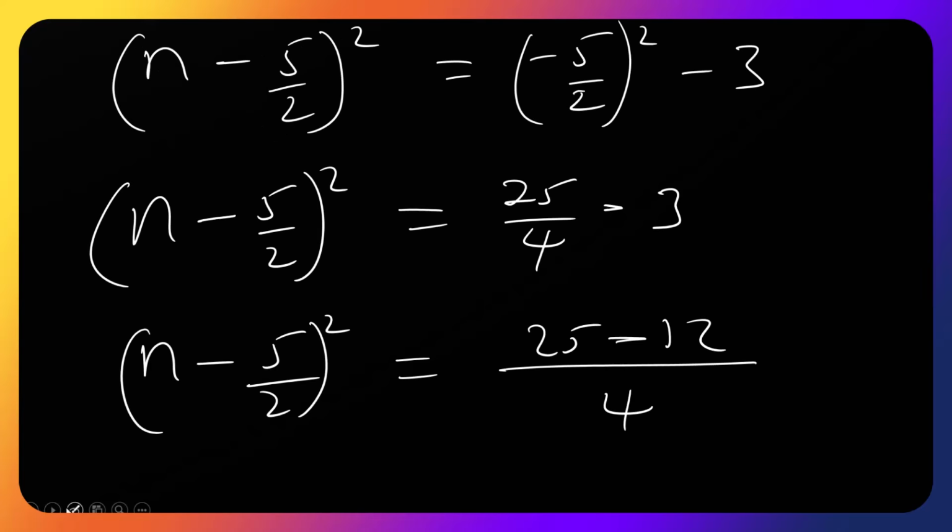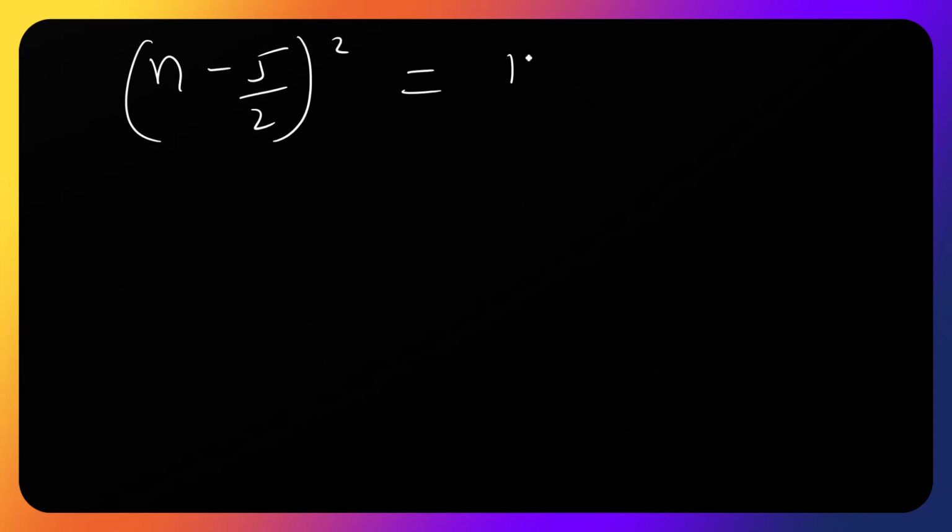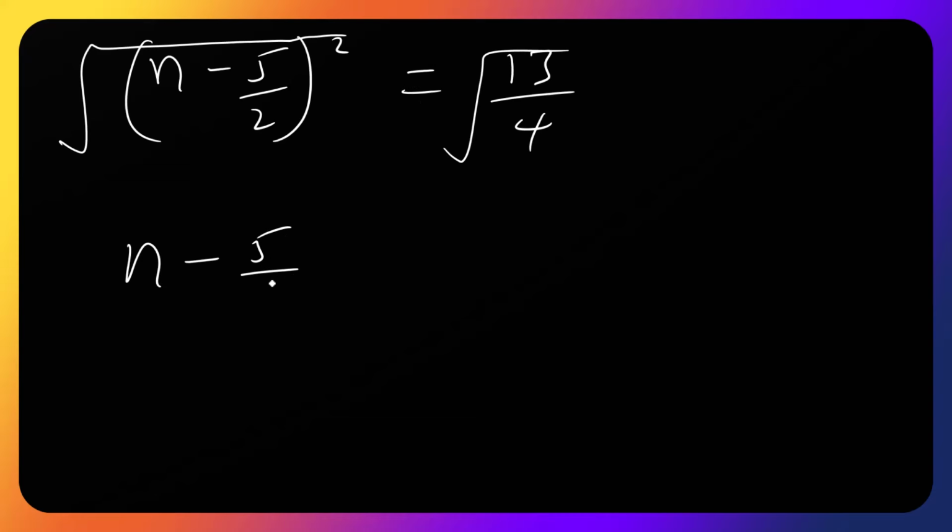So n minus 5 on 2 all squared equals 13 on 4. So we can go ahead and take the square root on both sides. So we have n minus 5 on 2 equals plus or minus square root of 13 on 2.